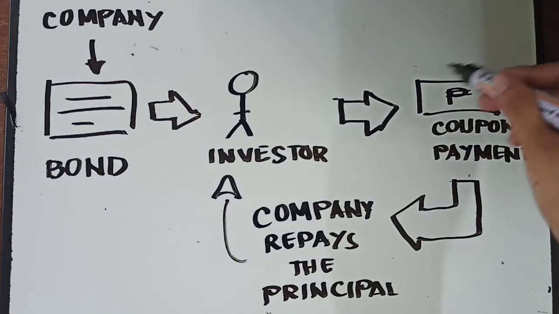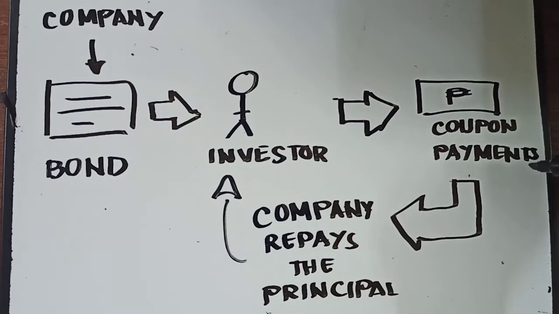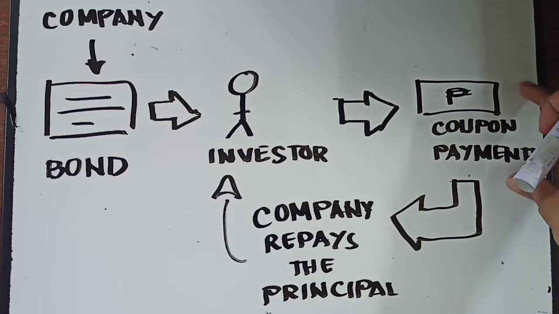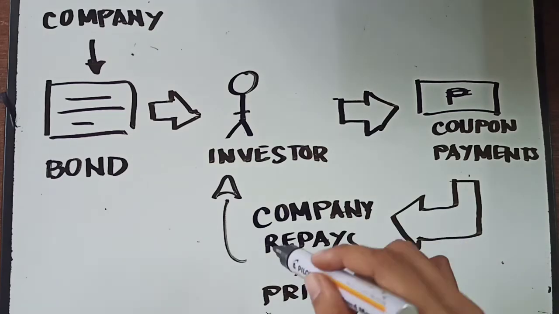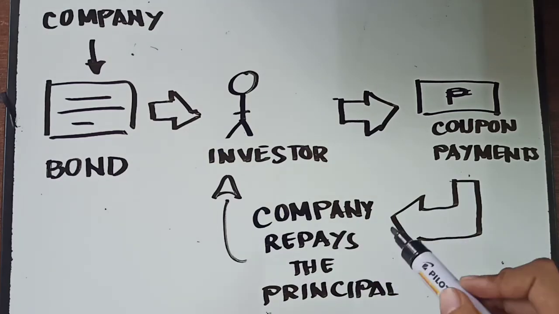So again, tumatanggap ka ng coupon payments or ito yung interest. Tumatanggap ka ng interest sa loob ng, for example, 10 years. Kunyari, 10 years na napag-usapan. So sa loob ng 10 taon, tatanggap ka ng interest regularly. Okay? And once na dumating na yung due date or once na dumating na yung maturity date, ibabalik na sa'yo yung principal na pinautang mo.